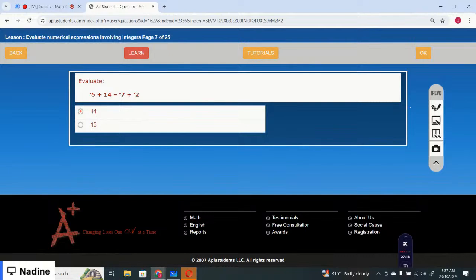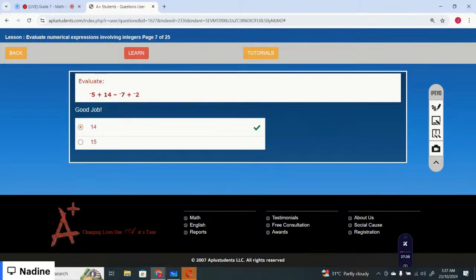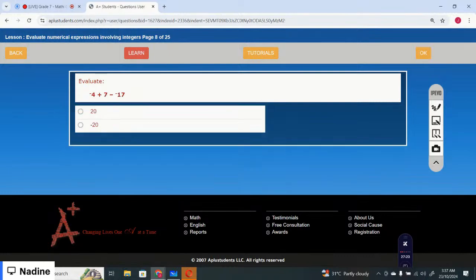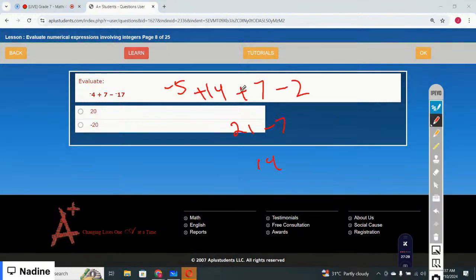Okay, the next one is negative 4 plus 7 minus negative 17. So that is negative 4 plus 7. Subtracting a negative integer is same as adding. So 17 plus 7 is 24, and 24 minus 4 is 20.